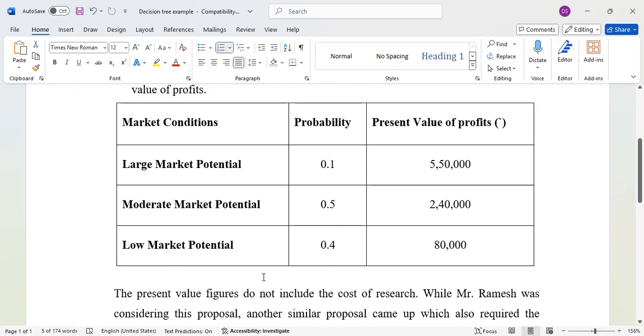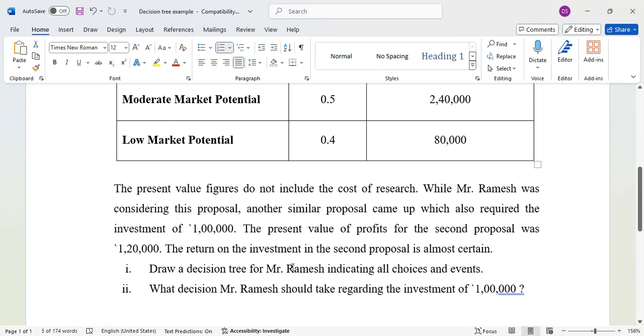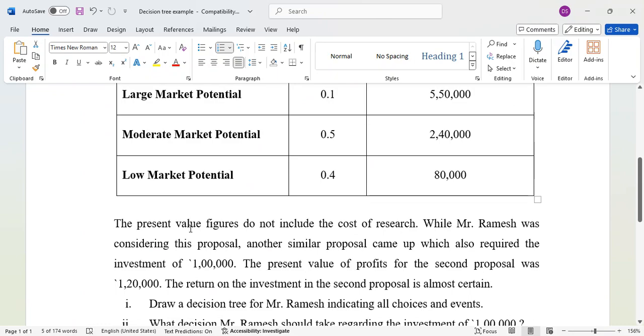Then he thought that if he invests in another project, he will get 1,20,000. The question is whether investing in another project and getting 1,20,000 is the good choice, or developing a product like medicinal drugs for consumers is the right choice.